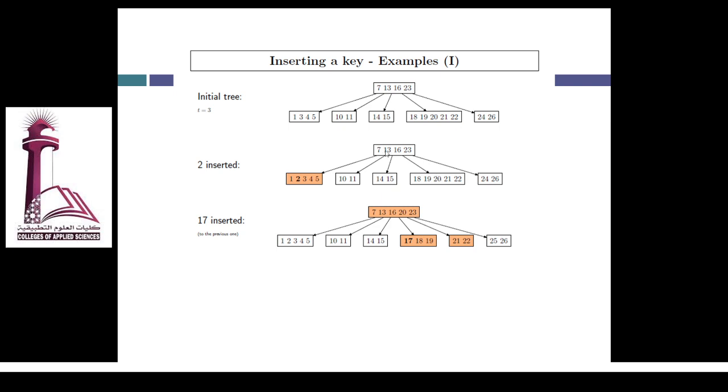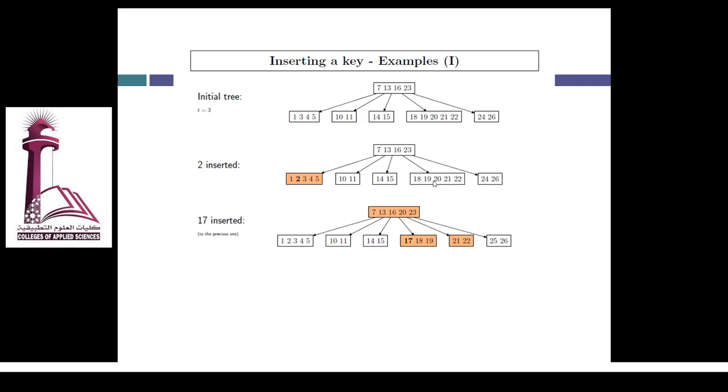Okay. So here in 20 you have to write the order, same order, add 20 and follow the order. So 7, 13, 16, 20 and then 23, and divide this. Okay, divide this node into 2 children. Okay, so 18 and 19 will be one node, and then 21 and 22 will be another node.